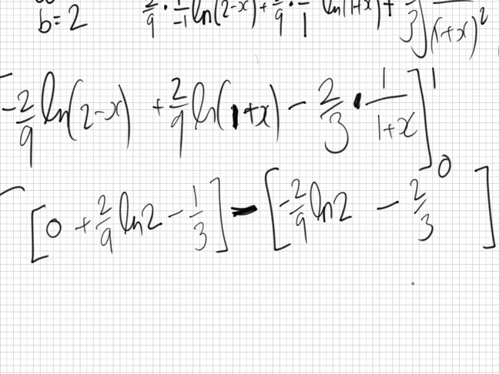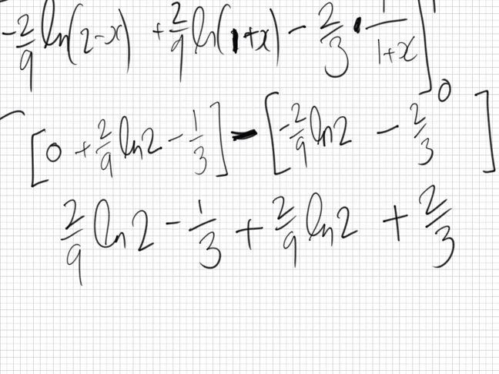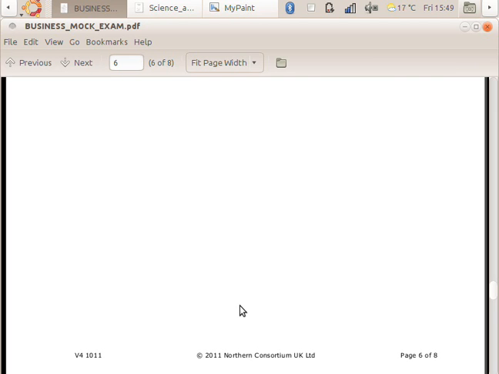Now they can open up. 2 over 9 log 2 minus 1 over 3 plus 2 over 9 log 2 plus 2 over 3. So that will be 1 over 3 plus 4 over 9 log 2, which maybe gets us nearly there.